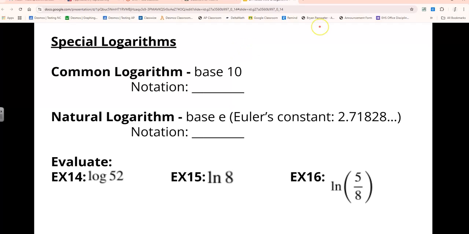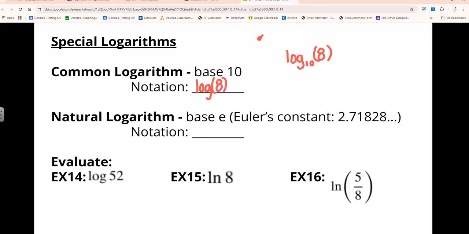All right, so there are two logs that are used so often that they have special names. The first one is called the common logarithm, and it is a log with a base of 10. So instead of writing log base 10 of 8 like that, you can just say log of 8.